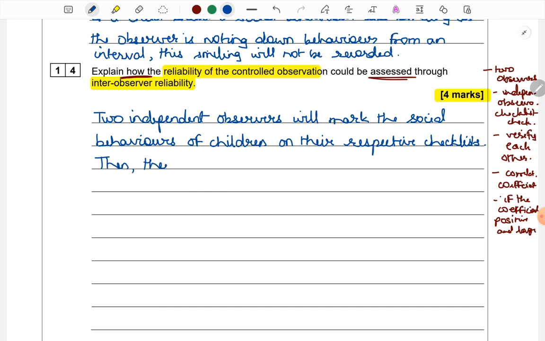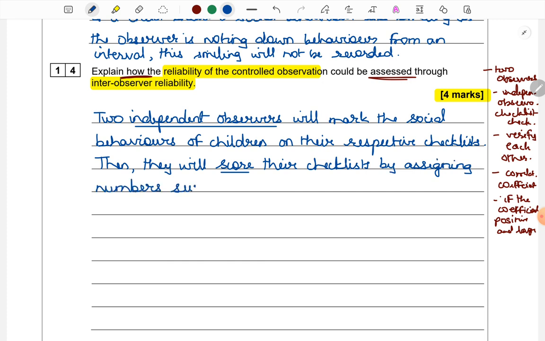Then they will score their checklists by assigning numbers such as 1 for every behavior marked and 0 for every behavior not marked.